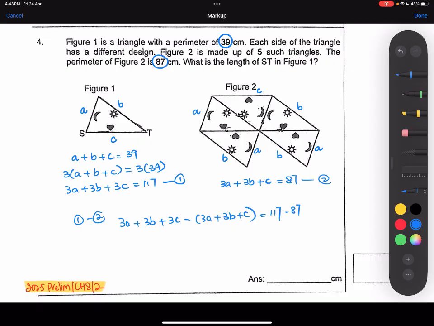Now let's open up the bracket. 3A plus 3B plus 3C minus, remember when you minus and multiply in the bracket, you have to change the sign. So minus 3A minus 3B minus C is equals to 30.